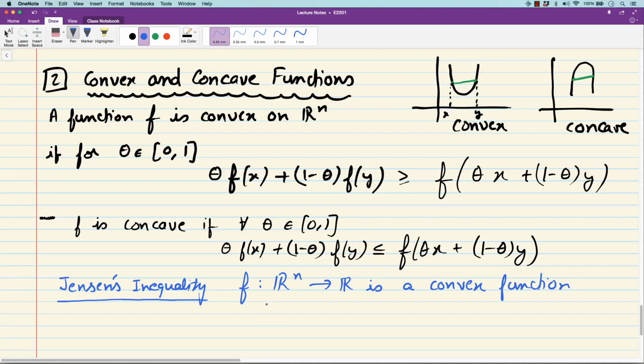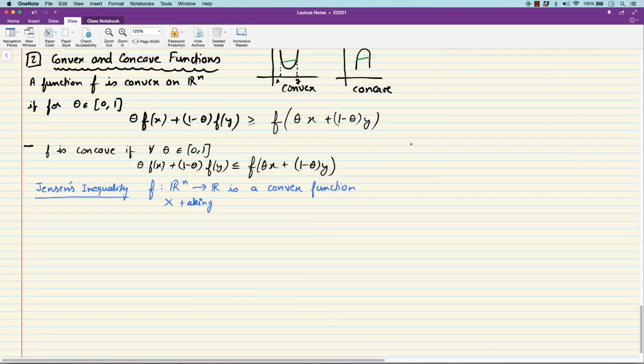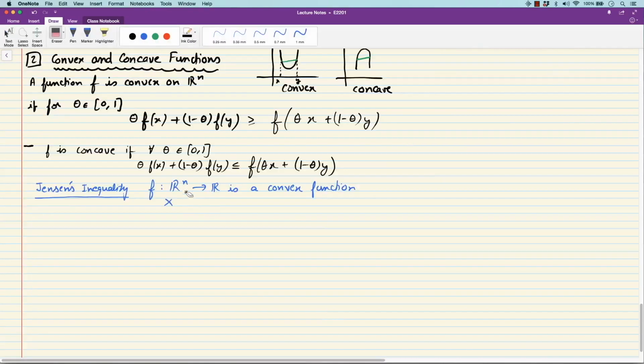So X, let's say, is a random variable taking values in Rn, then the expected value of f of X, this is this part, right?